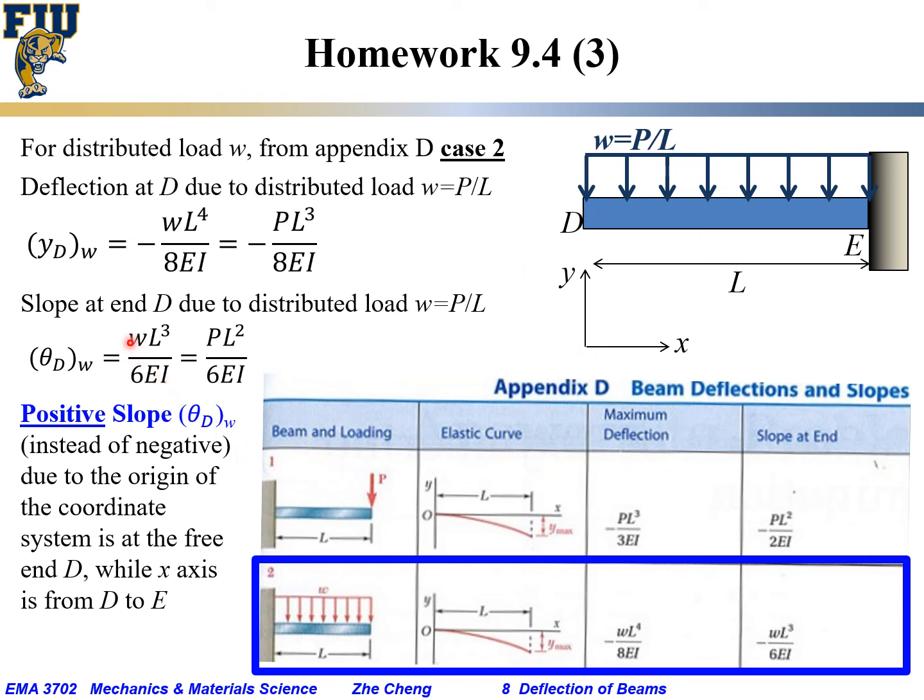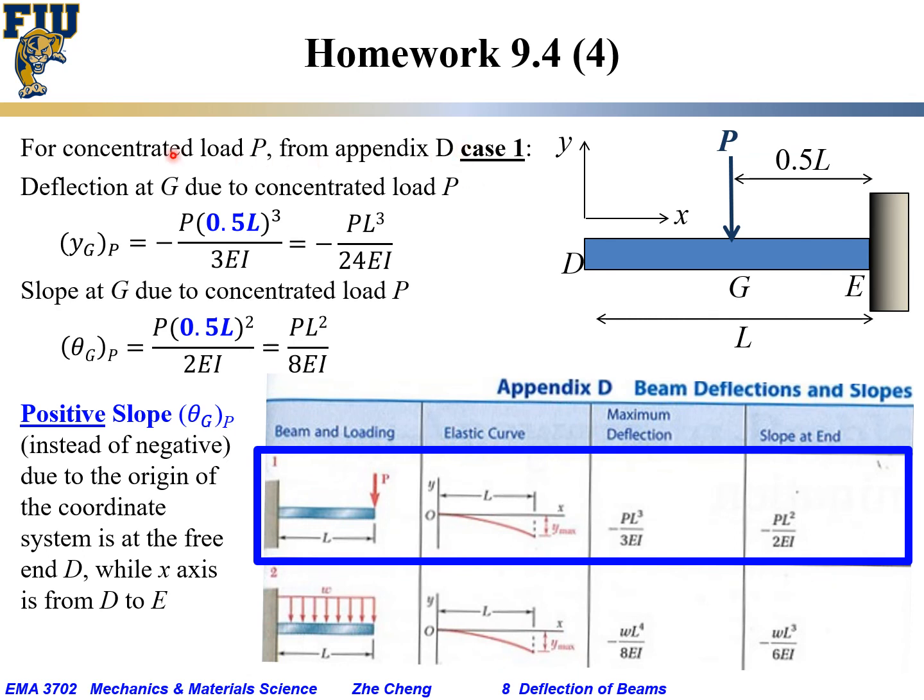And what is W? It's P over L. So WL cube becomes P over L times L cube, which becomes PL square, over 6EI. That gives us the local slope at the D end due to the uniformly distributed load throughout the beam.